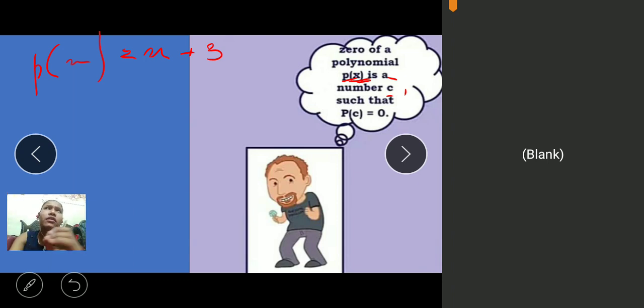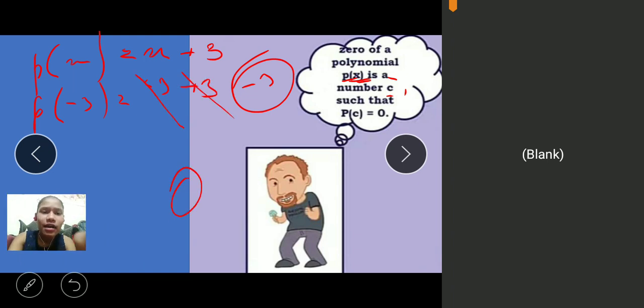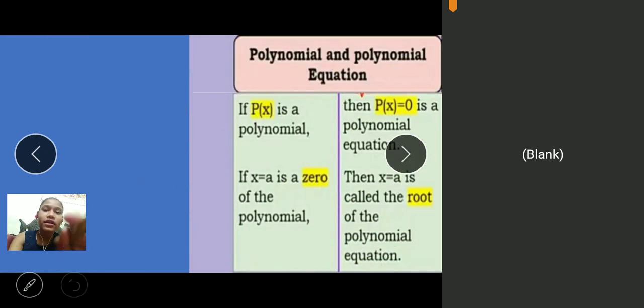Let me tell you, take x equal to minus 3. In the place of x you will write minus 3, then minus 3 plus 3, cut down, the answer we are getting is a big 0. Getting my point?